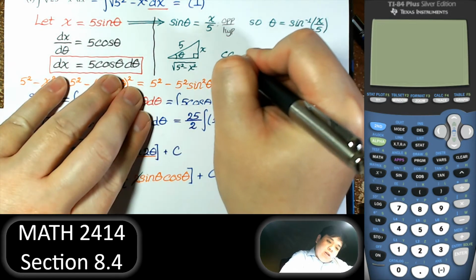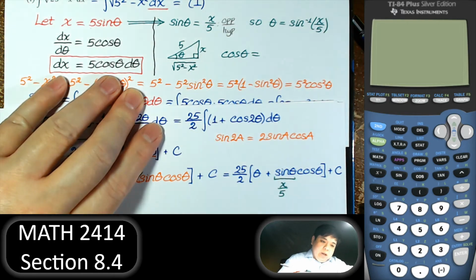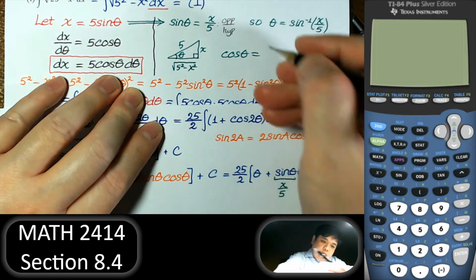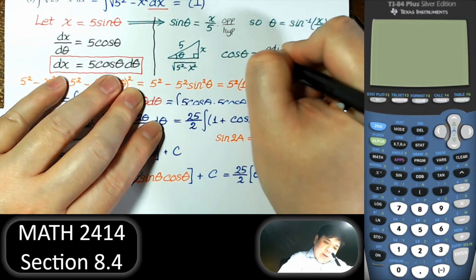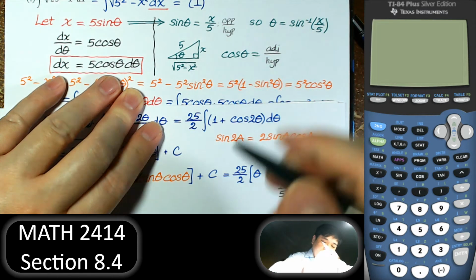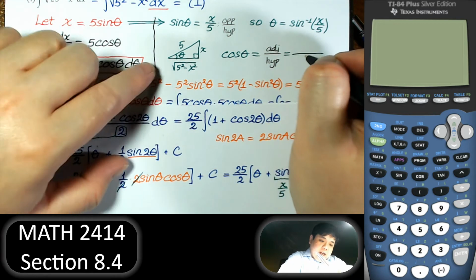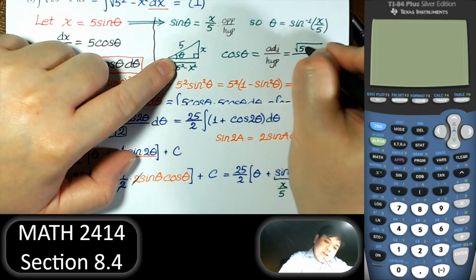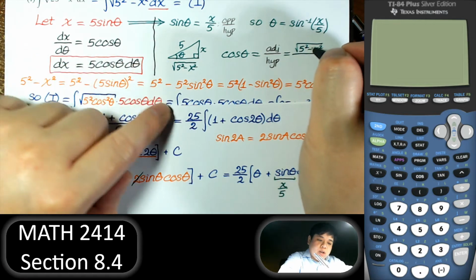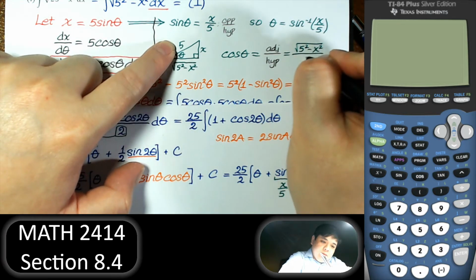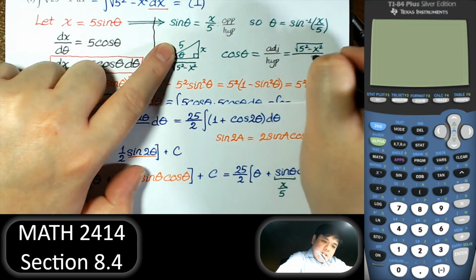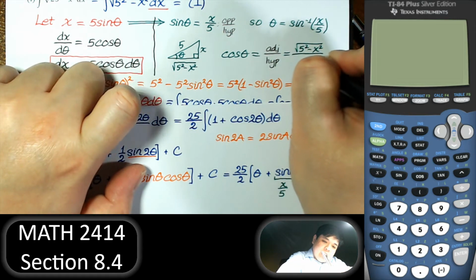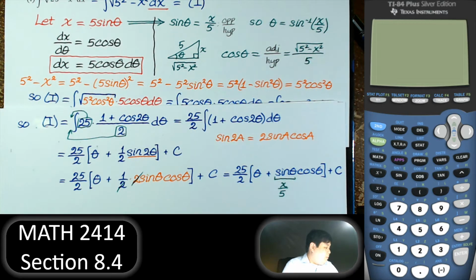In that case, cosine of theta will be equal to adjacent over hypotenuse, so the square root of 5 squared minus x squared over 5, right?